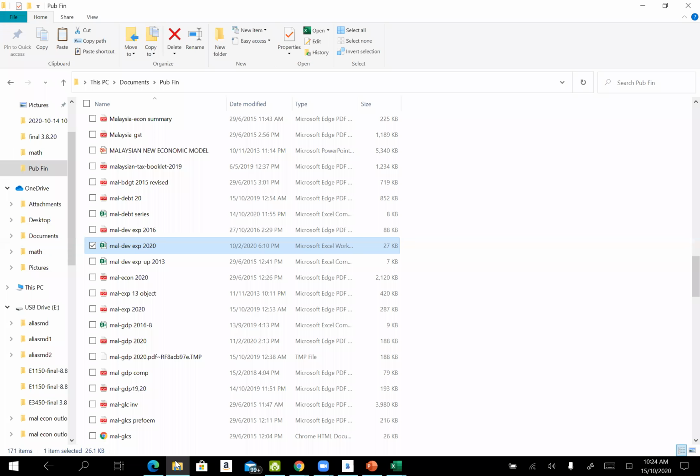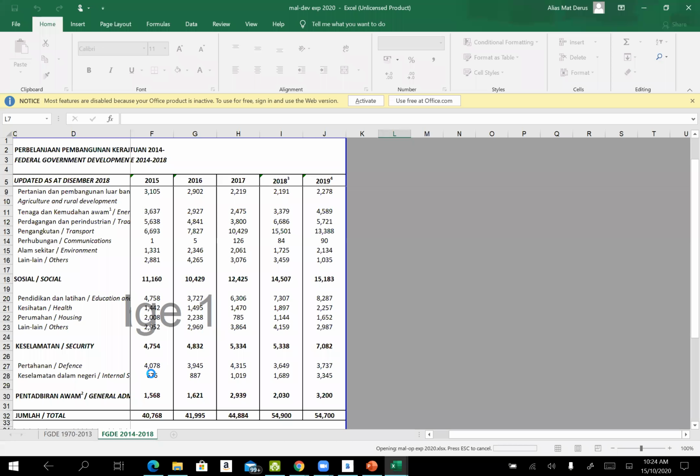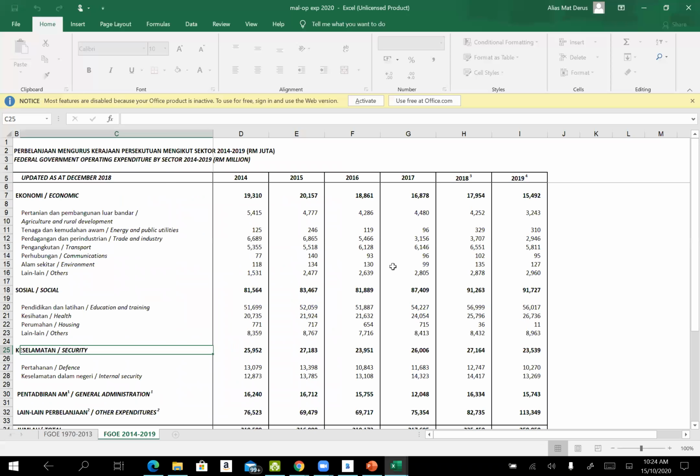Next, we're going to look at the operating expenditure. We look at the components. Okay, yeah. Okay, operating expenditure. You will see this more of maintenance of the government.